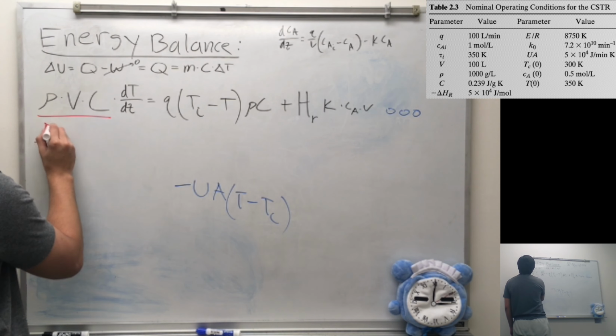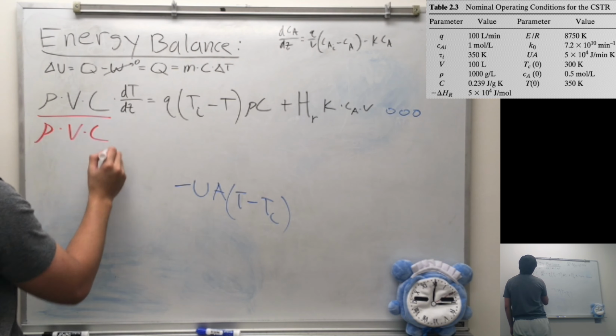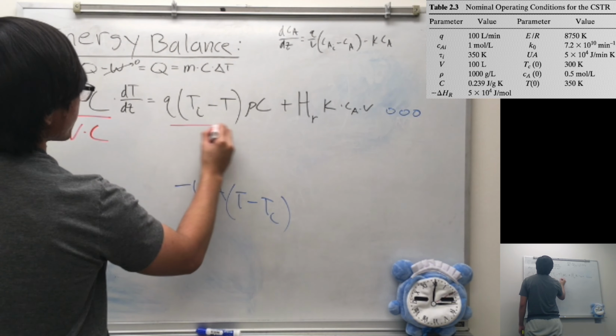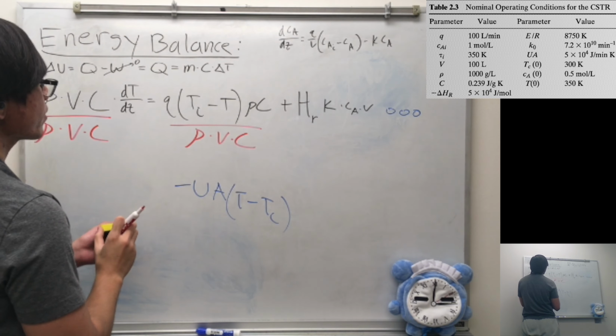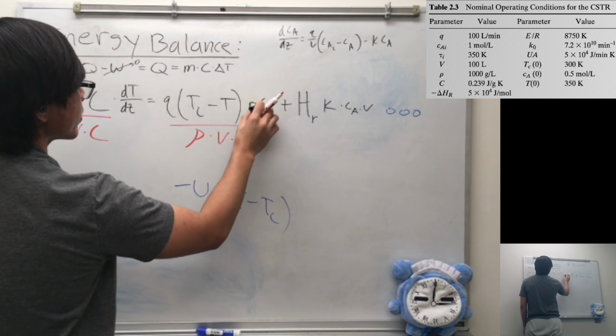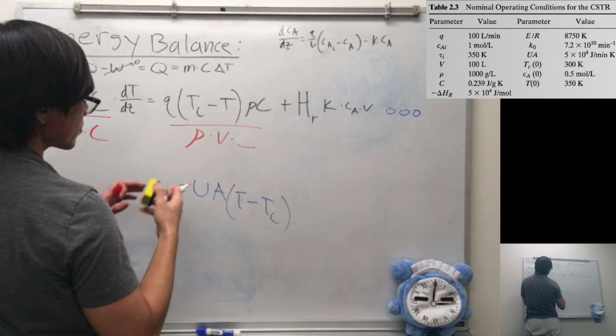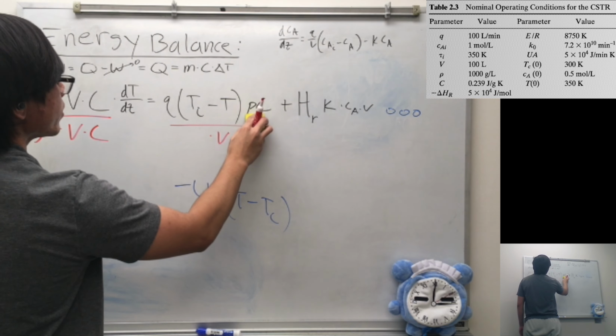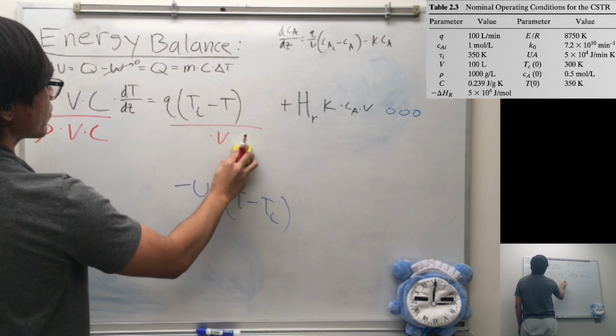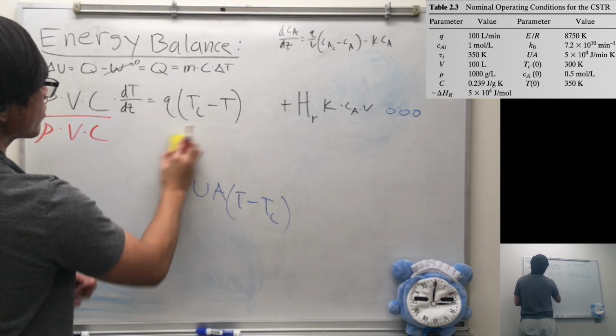Dividing by rho V C, we'll see that our volume actually cancels out here, and our density. So I can get rid of our rho and C. So now we're just left with volume. I'll just go ahead and rewrite volume right here.